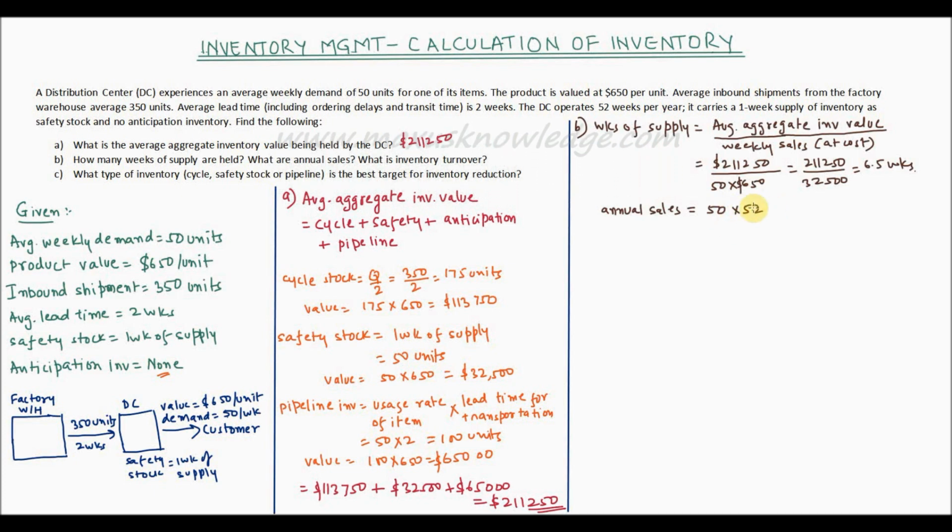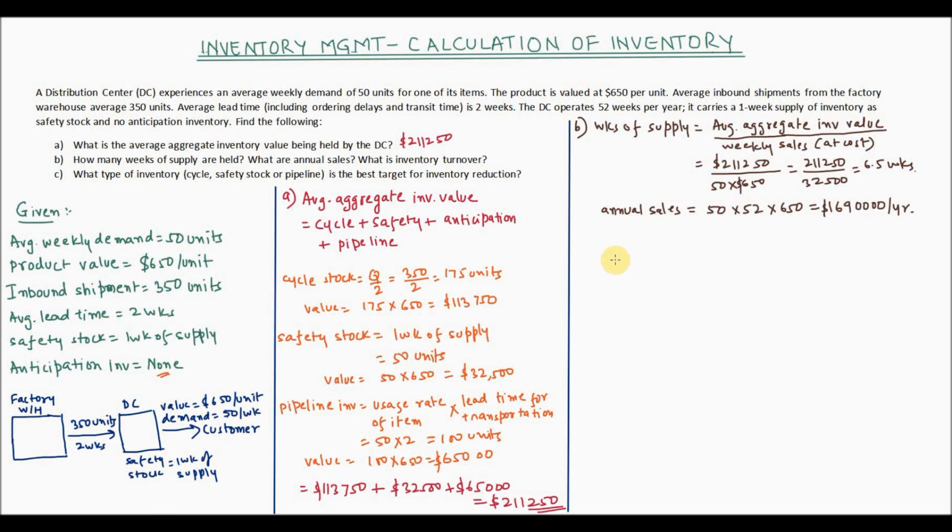Now we have to find the value of this much inventory. So multiplied by $650 because each unit is valued at $650. So this will be equal to $169,000 per year. So this is the annual sales of this product.